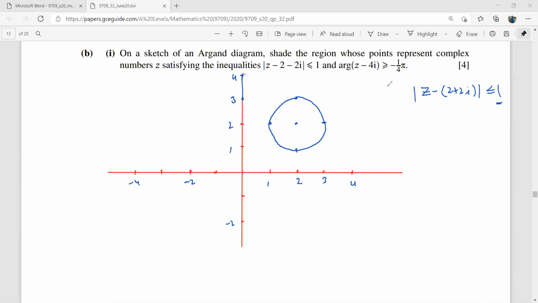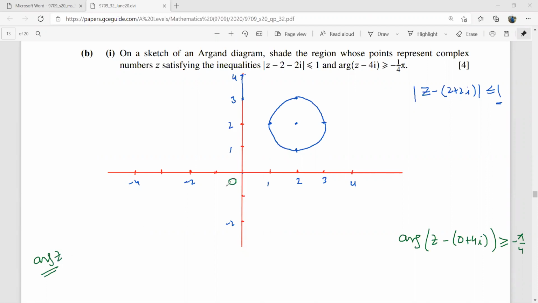And then it says the argument of z minus 4. So this also has to be written as argument of z minus (0 plus 4 iota), and that is greater than or equal to minus pi by 4. Guys, when you have argument of z, you are basically having the vertex of the angle at the origin.